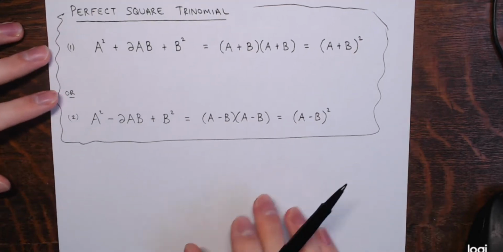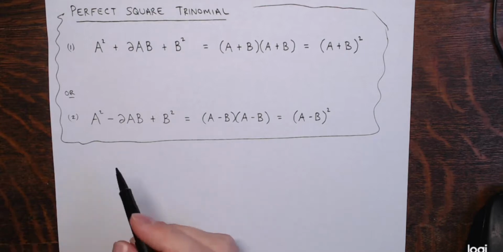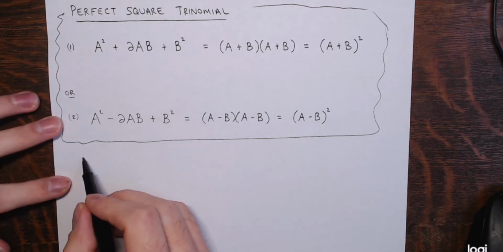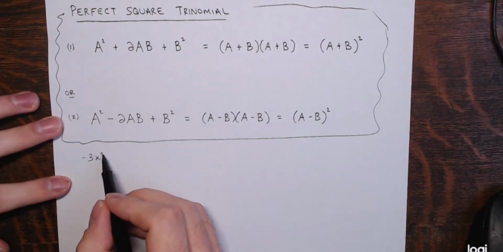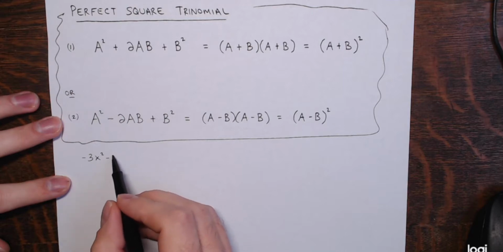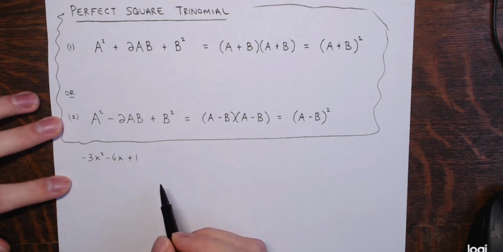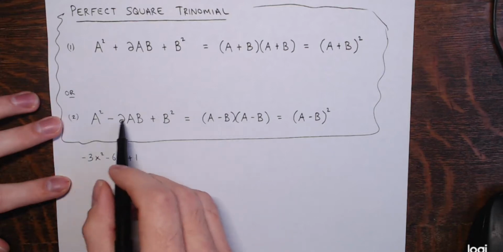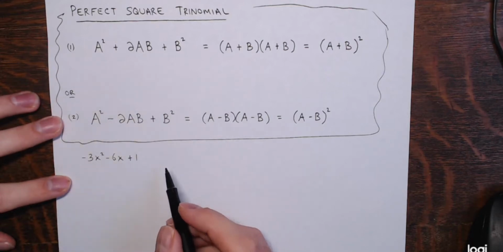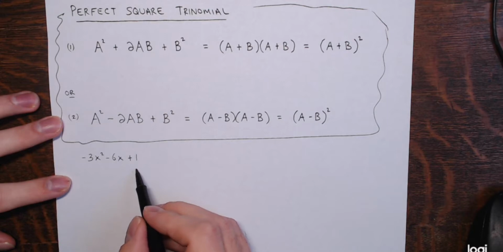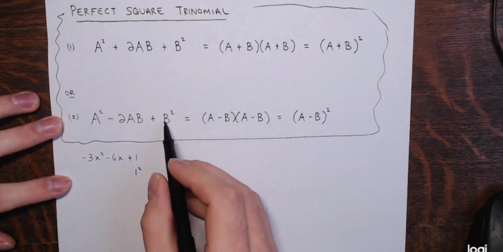All right, so the first of these was negative 3x squared minus 6x, plus 1. Does this take on either of these forms? Now you got 1, which is 1 squared, so maybe the b is 1.